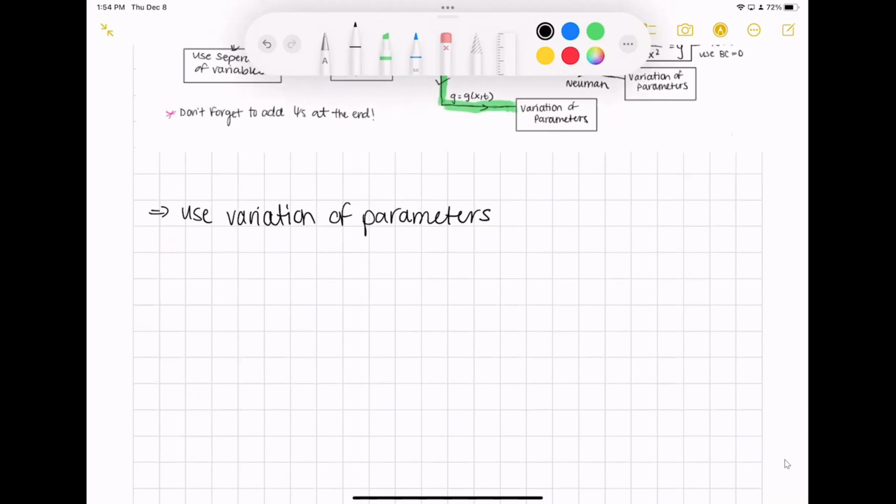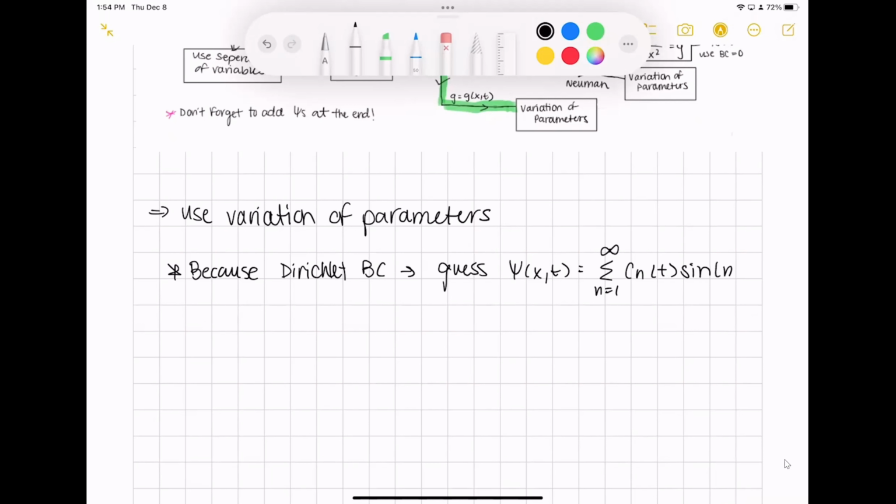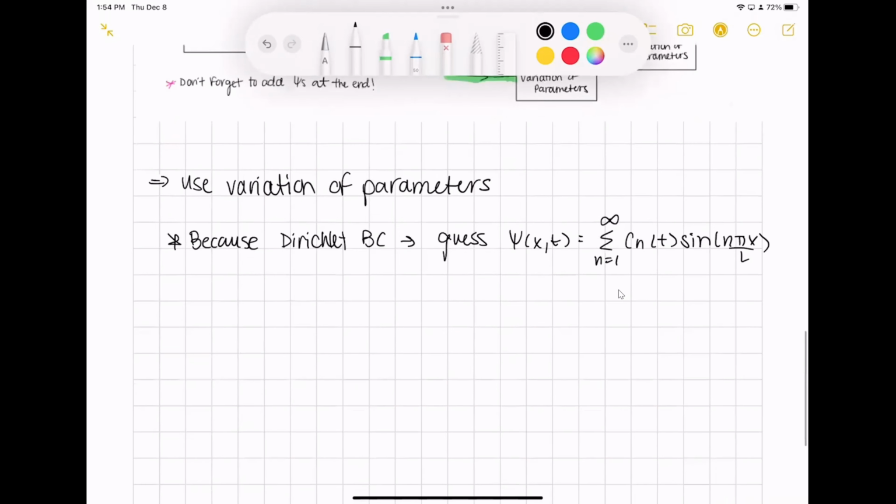So using variation of parameters, because we have the Dirichlet boundary conditions, we are going to guess that phi is equal to the sum of Cn of t sine n pi x over L. So that is, when we have Dirichlet boundary conditions and we're dealing with variation of parameters, this is the guess that we're going to use.